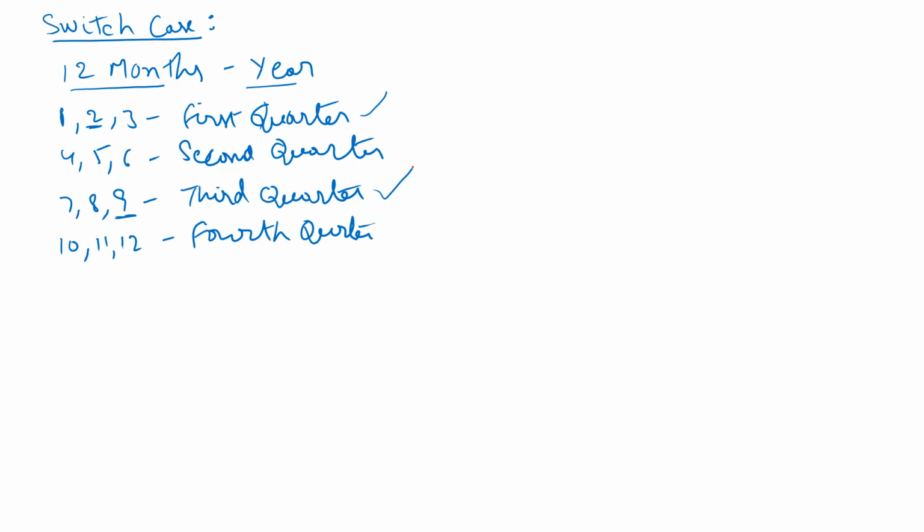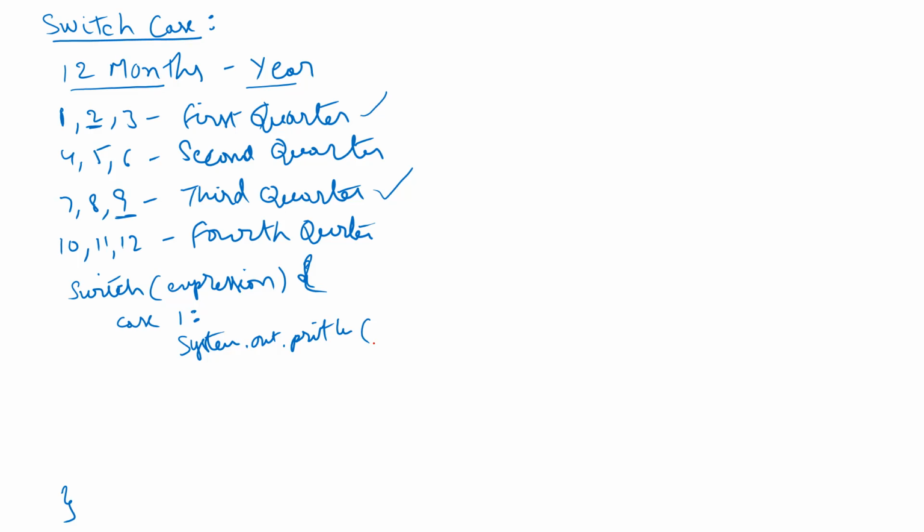One way I can write the switch case statements for this is switch expression, and within this I can write a case statement for each of these numbers. Case 1, system.out.println first quarter, and a break statement.